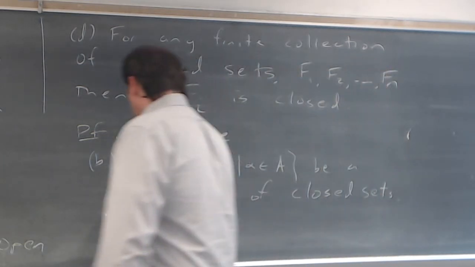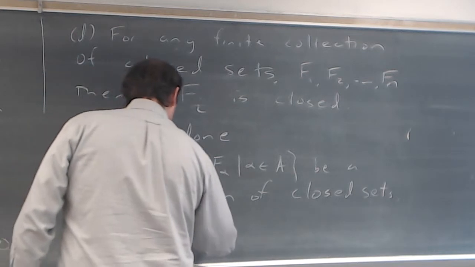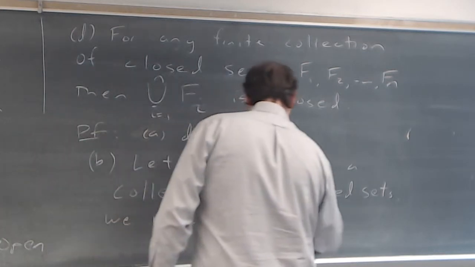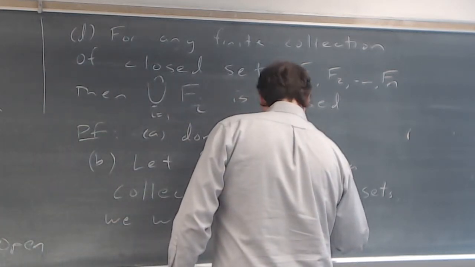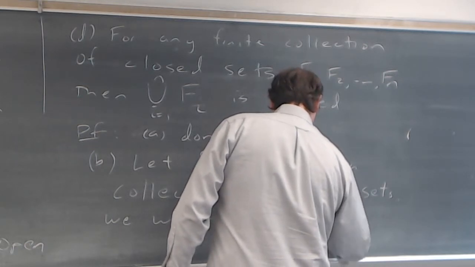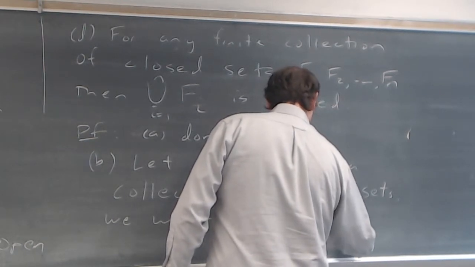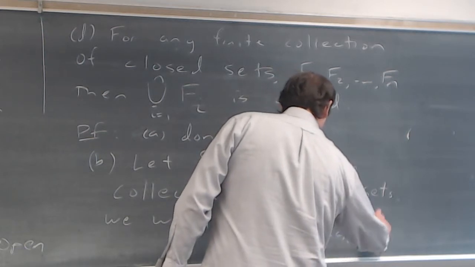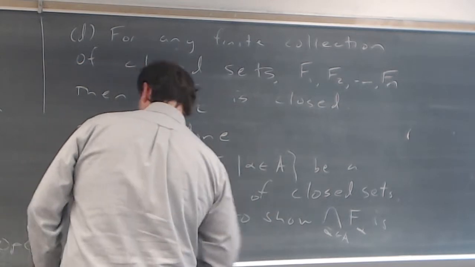And what we want to do is show that the intersection of the F sub alpha is closed. So to do that we want to show that the complement is open.